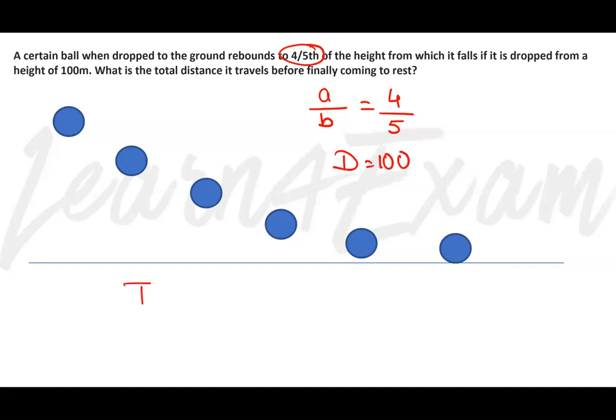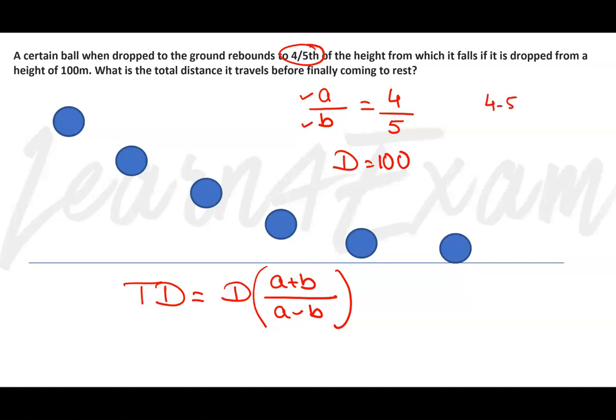The total distance covered by the ball till the time it comes to rest is given by the formula: the initial distance multiplied by the sum of the numerator and the denominator divided by the difference of the numerator and the denominator. Please understand, do not subtract B from A, just calculate the absolute difference.